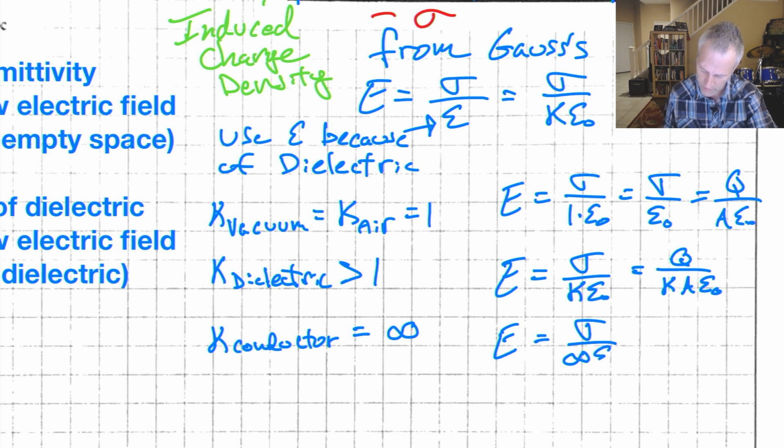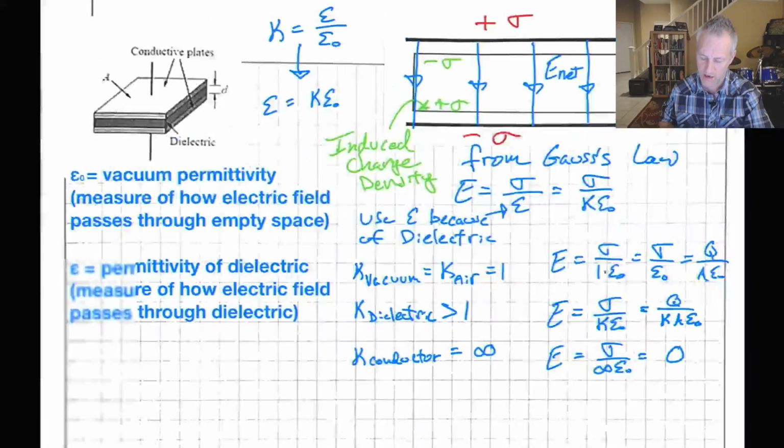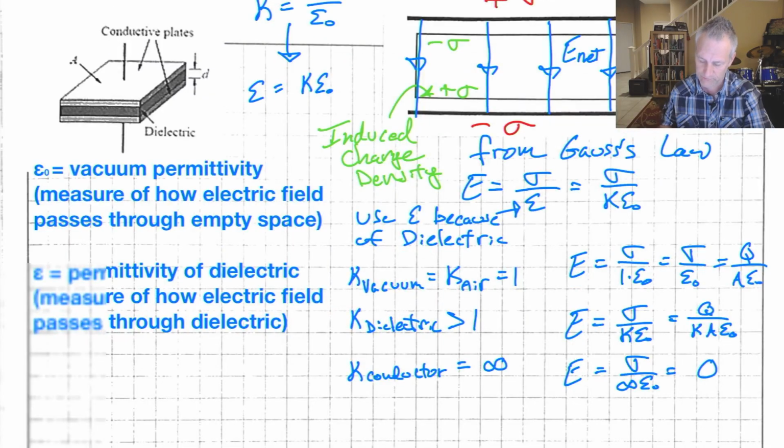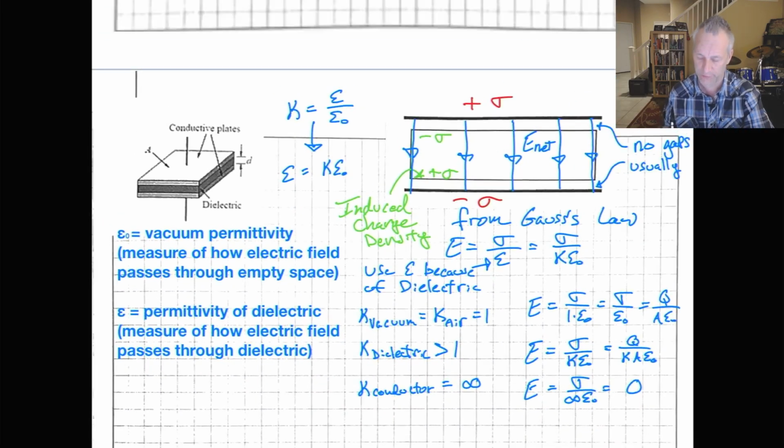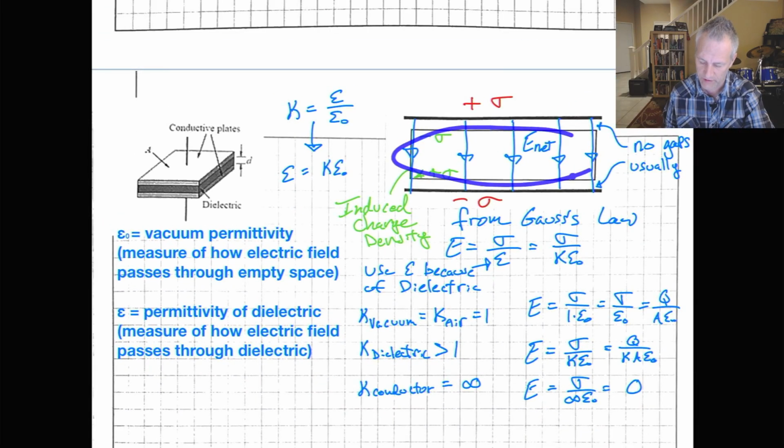And we know that when we divide by infinity, we get a net electric field of 0. And this should make sense because if we put a conductor in the middle here, if it was touching these plates, the charges could flow and the capacitor would just essentially discharge itself, and then there'd be no electric field.